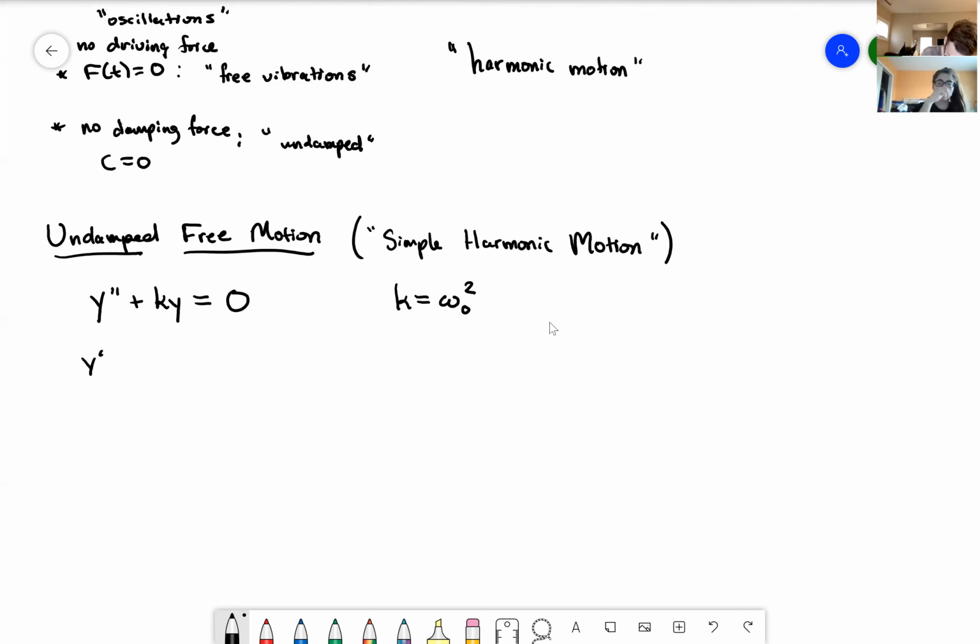So we can rewrite this thing as y double prime plus omega 0 squared y. The fact that we're rewriting this to be a square will become clear soon. And we can do this without any worry of replacing our real coefficients with complex coefficients, because we assume k is greater than 0. So k is strictly positive.